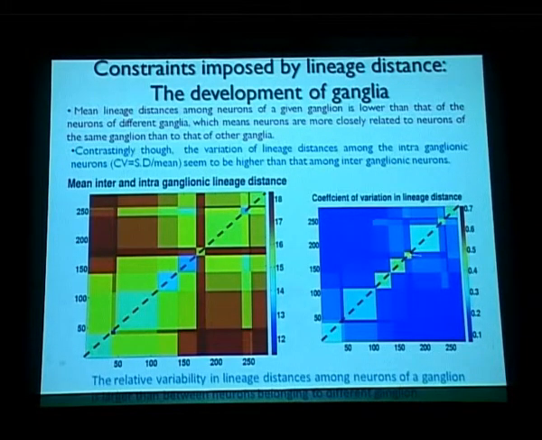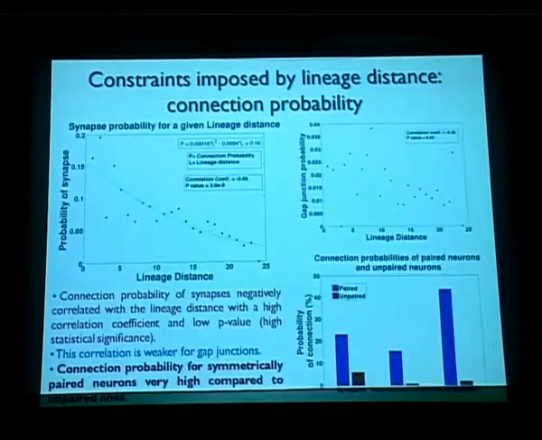Again, you can see that these are in fact a lot higher than the surrounding instances. I just want to point out that the neurons have been numbered from this end. So this is how the ganglia are arranged.